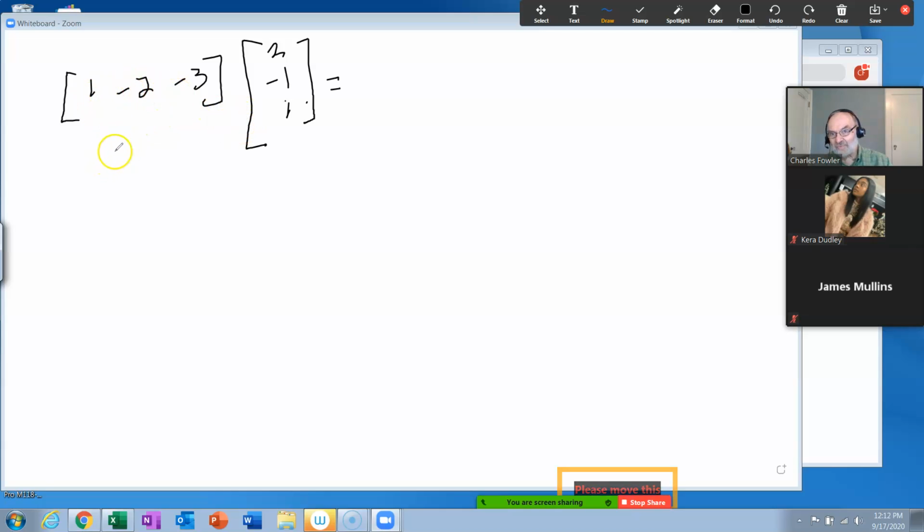This one is 1 row by 3 columns. What is this one? 3 rows by 1 column. And sure enough, the 3's are the same. The 3's basically go away, and you're left with a single 1 by 1. You get one answer.